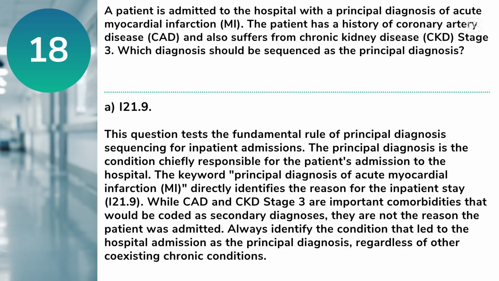While CAD and CKD stage 3 are important comorbidities that would be coded as secondary diagnoses, they are not the reason the patient was admitted. Always identify the condition that led to the hospital admission as the principal diagnosis, regardless of other coexisting chronic conditions.